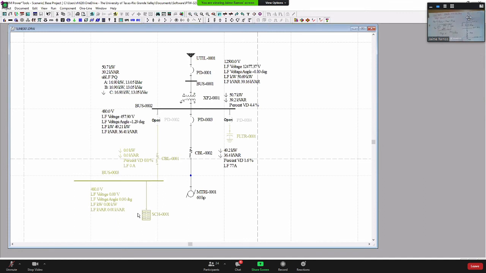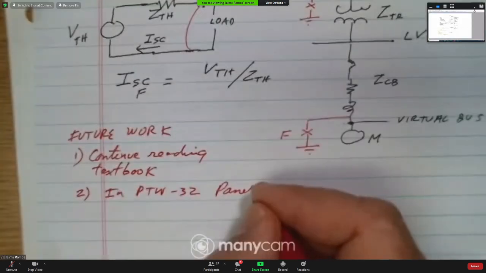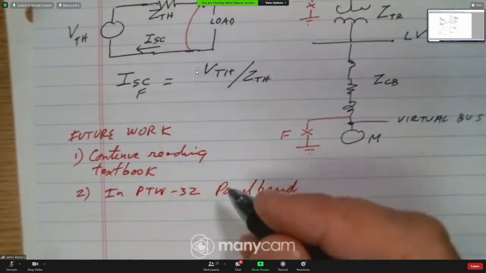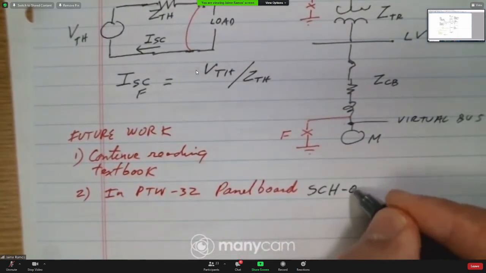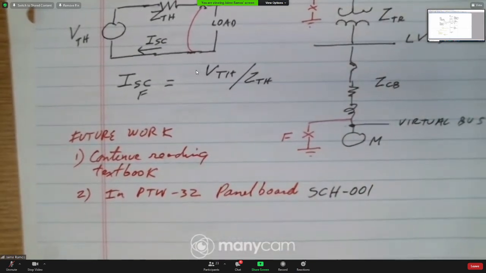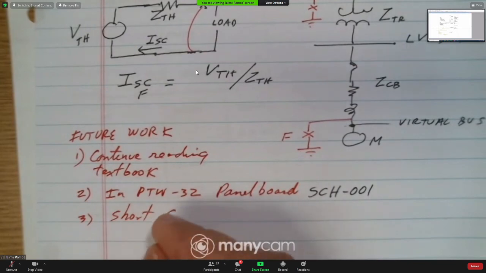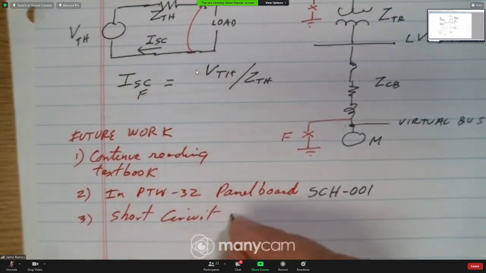Now number 2, we have a panel board in PTW 32. Panel board SCH001. And number 3, short circuit studies.